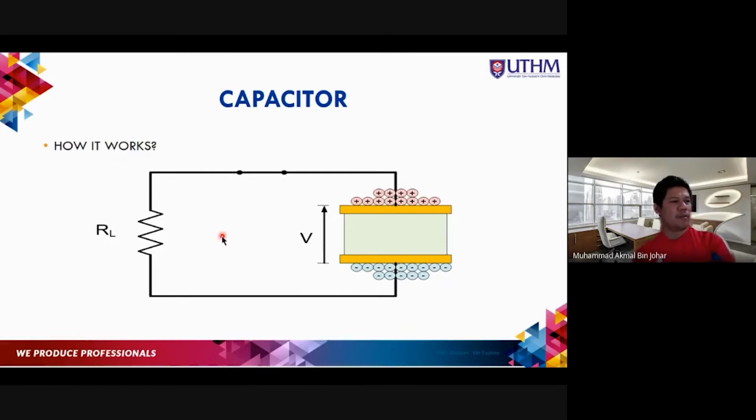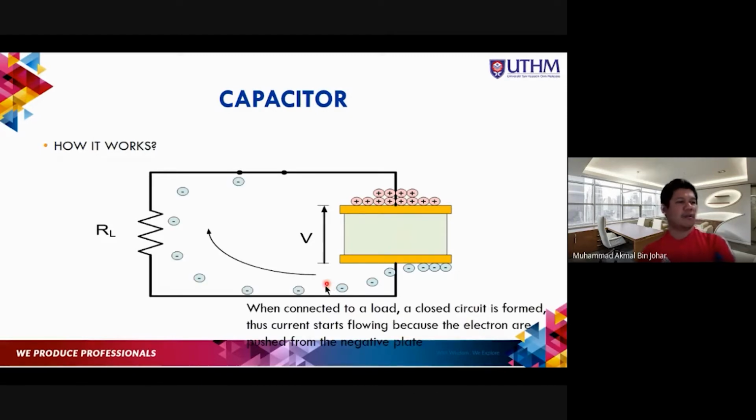If we put this fully charged capacitor across a resistor, what will happen is, when we connect it to the load, a closed circuit is formed, and the current starts flowing as electrons are pushed back from the negative plate to the positive plate.